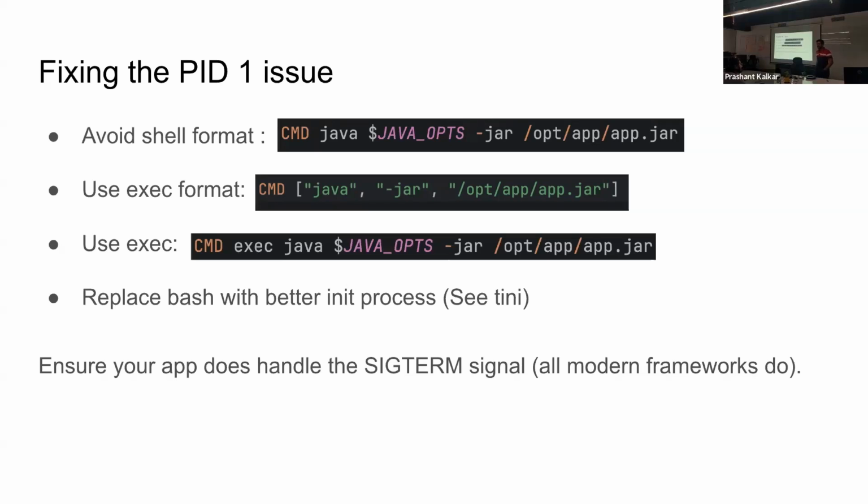Jenkins is one example, and even Docker itself provides the ability to control or introduce an init process. Docker has a --init flag that controls it. Okay, so all of this is because you basically get these signals and do the graceful shutdown.